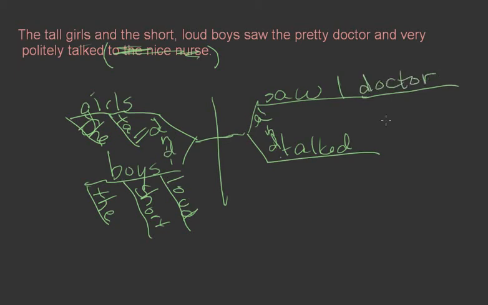Only this time it is the doctor, and it is a pretty doctor. And we don't have very girls, very boys, or a very doctor, so it's not an adjective. We don't have politely girls, politely boys, or a politely doctor. So we are still dealing only with subject verb direct object and subject verb patterns.